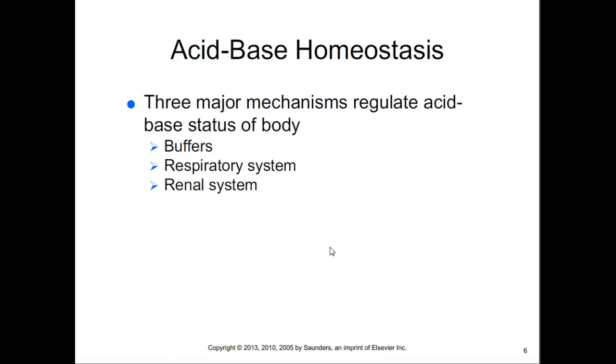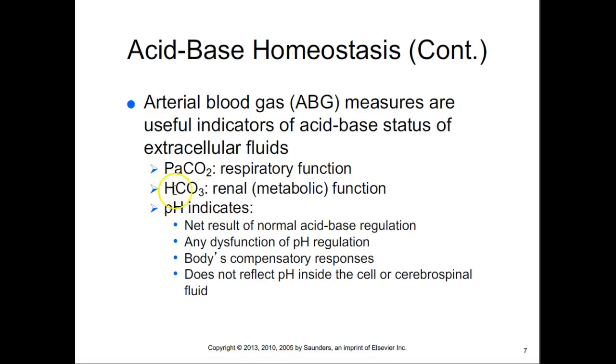The carbonic acid buffering system is the most important one found in the blood. We have others that are more seen inside the cell, like the phosphate buffering system. And then there are the respiratory and renal systems, and basically that's one of their very important functions.